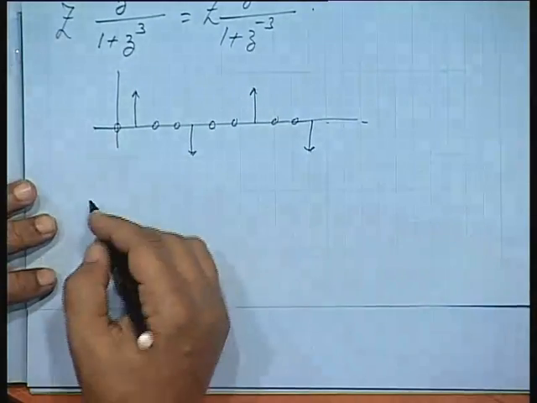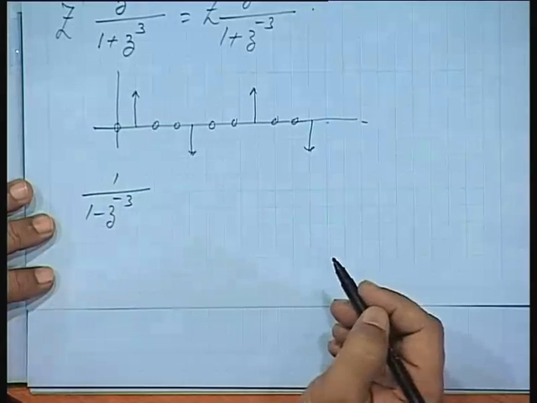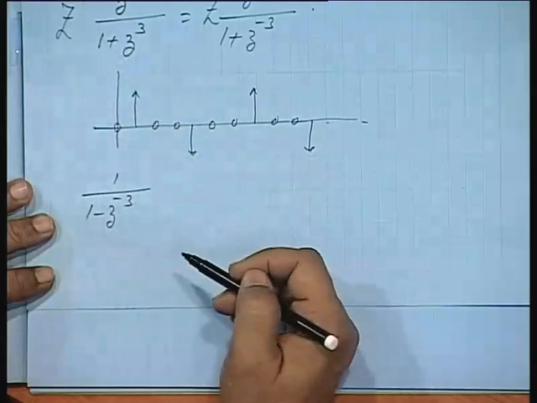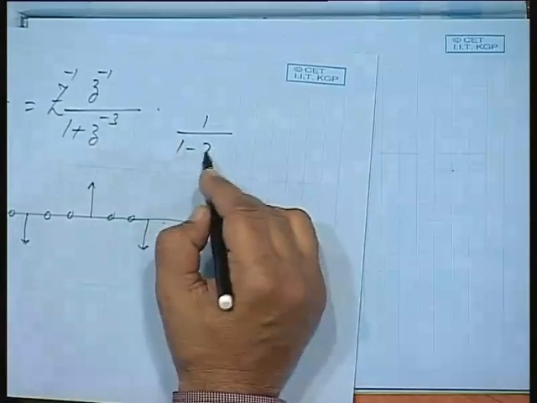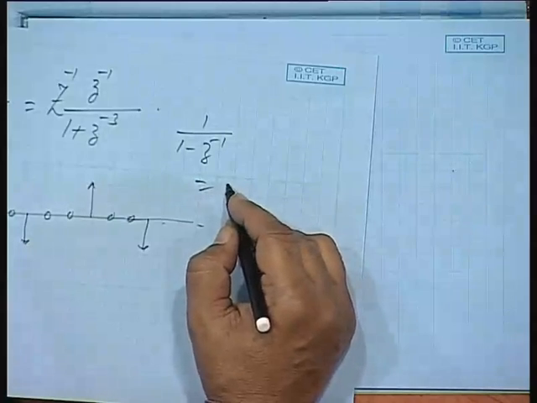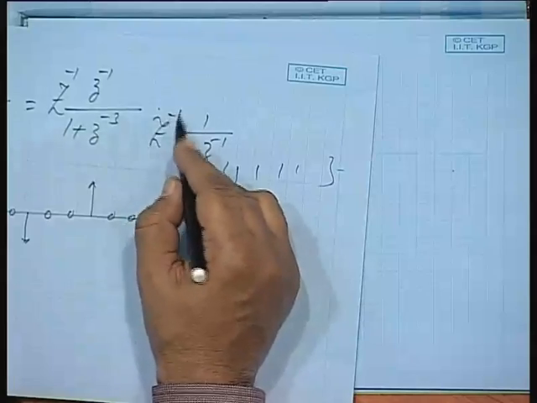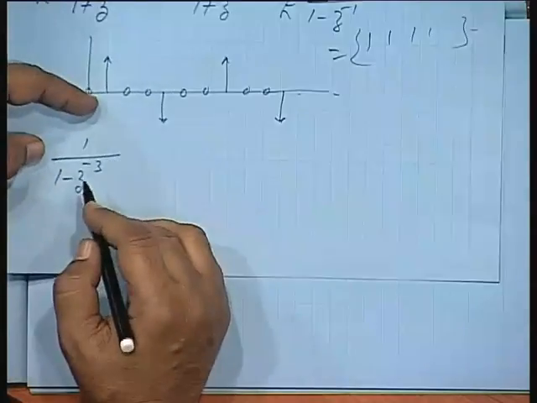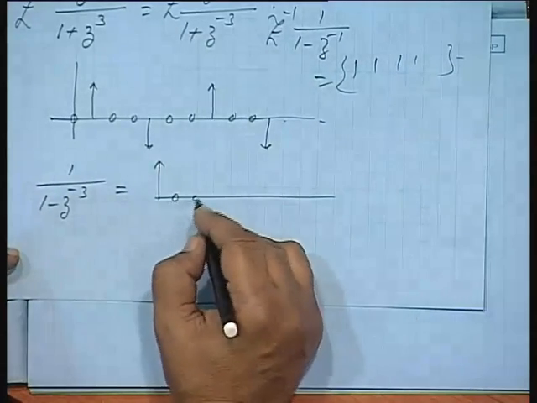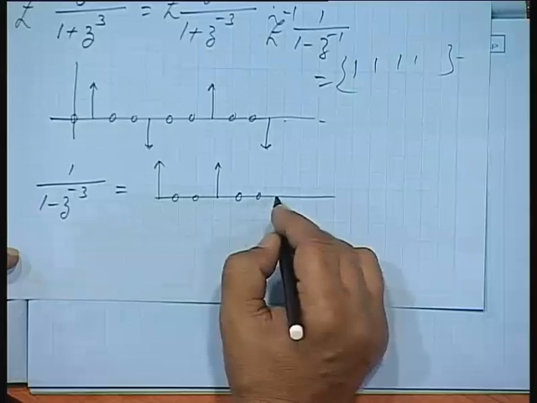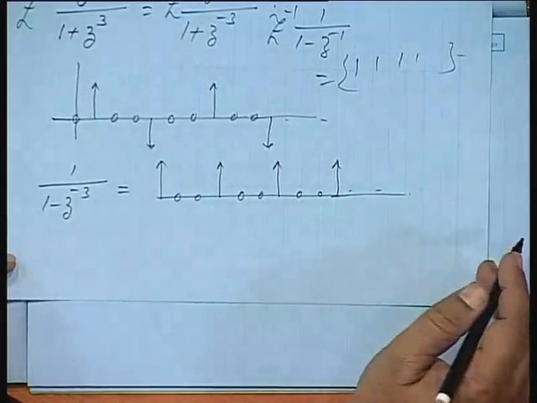Now, if I have 1 by 1 minus z to the power minus 3 instead of plus, you know the z inverse of 1 minus z inverse is the unit step 1 1 1 1 and so on, is it not? So, 1 minus z to the minus 3 will give me 1 0 0 1 0 0 1 0 0 1 and so on. Is it all right?